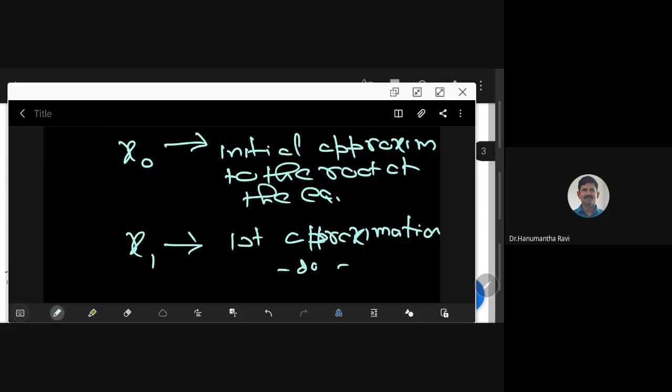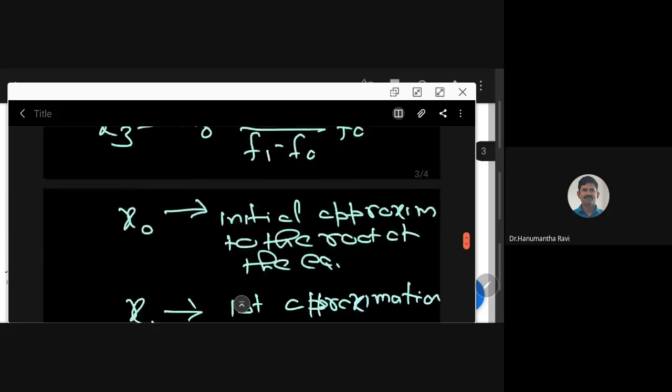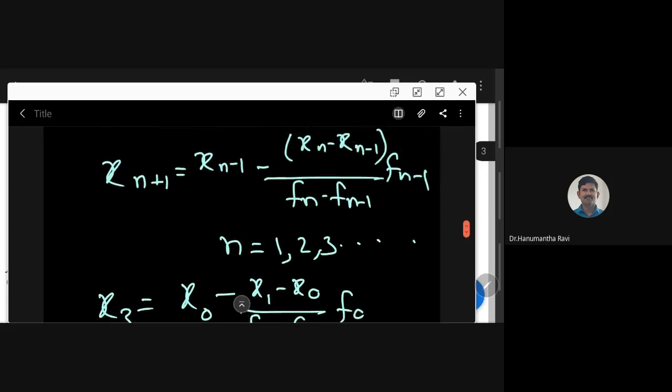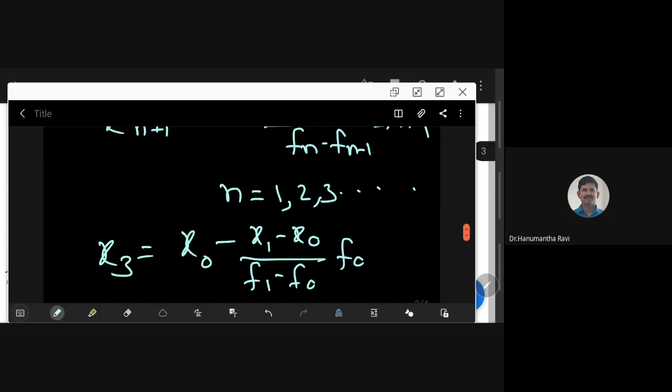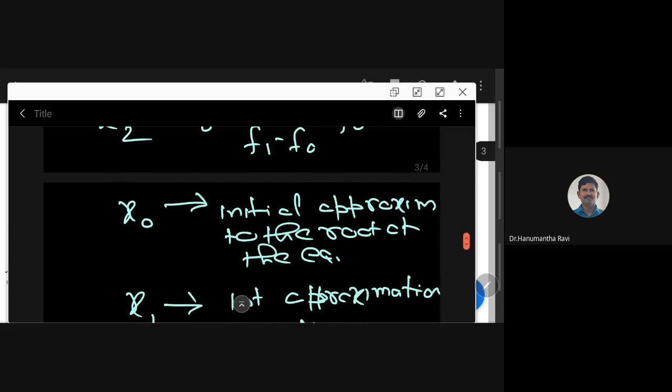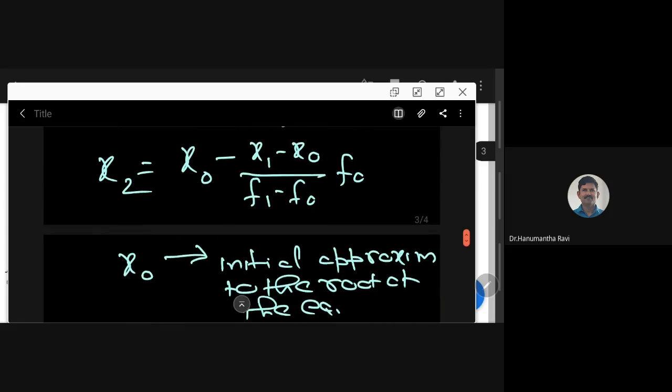Then the second approximation can be found by making use of this formula. If you want the third approximation, then we have x0, x1. How can we find x0, x1?